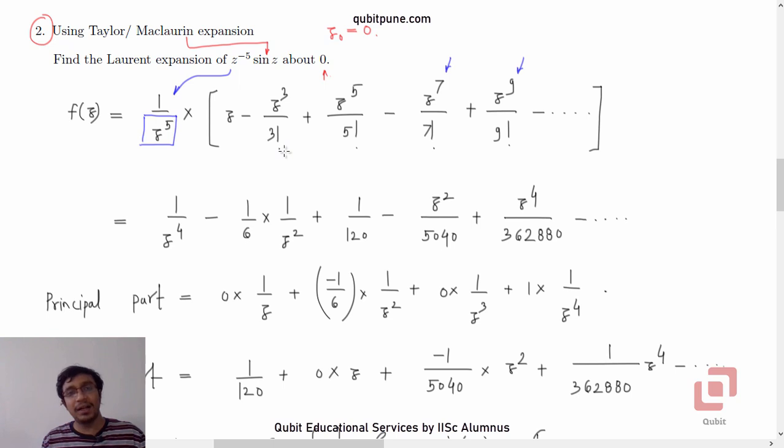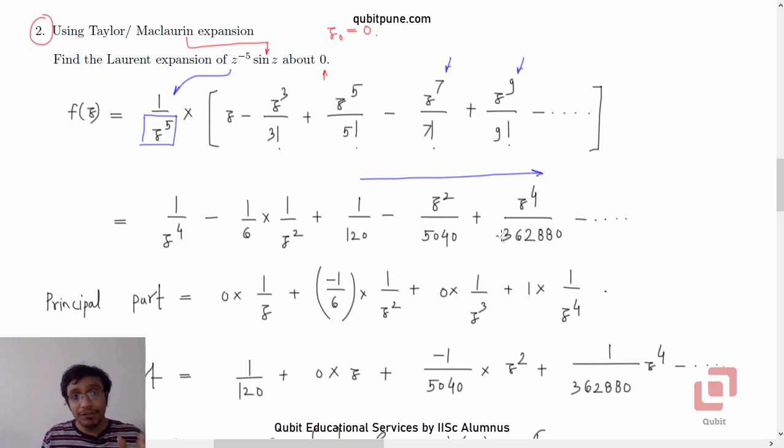If you do that with the second term, you are going to get 1 upon z squared into minus 1 upon 3 factorial. Now note that if you multiply the next term by z to the power 5, you are going to get the constant term, and then onwards you'll go on getting positive integral powers of z.